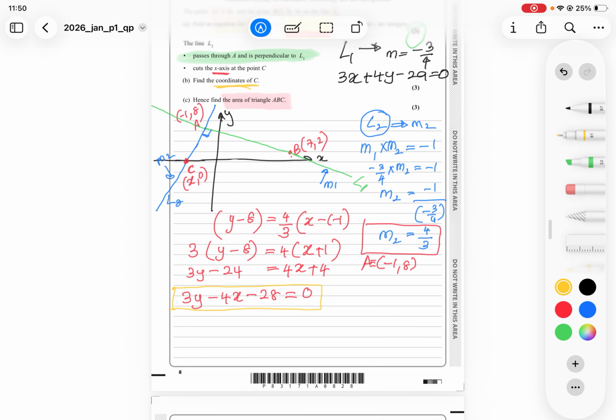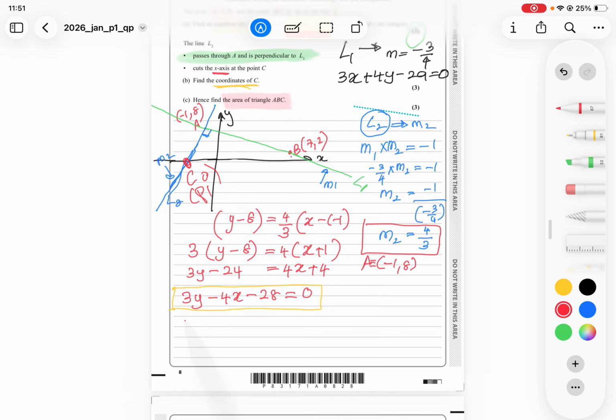So by substituting, let's imagine at the point C it's going to be p comma 0.